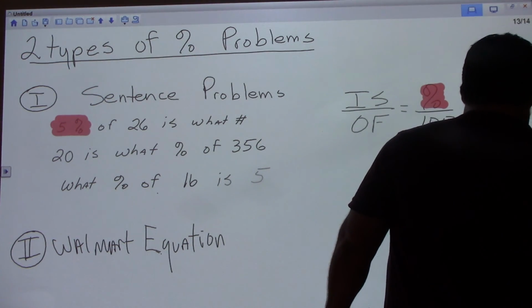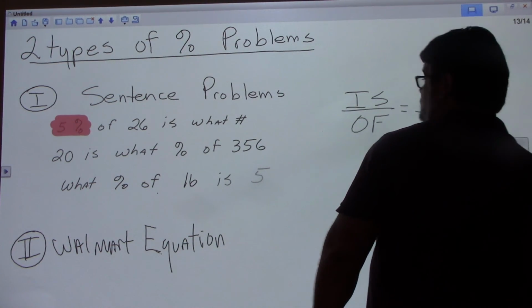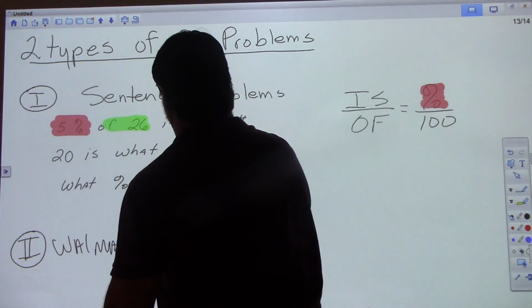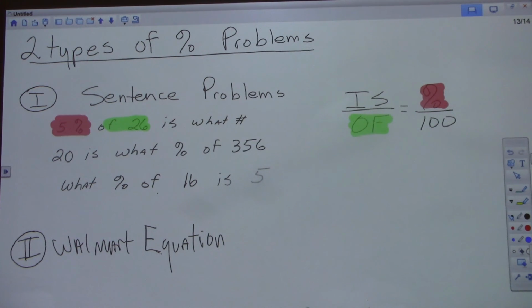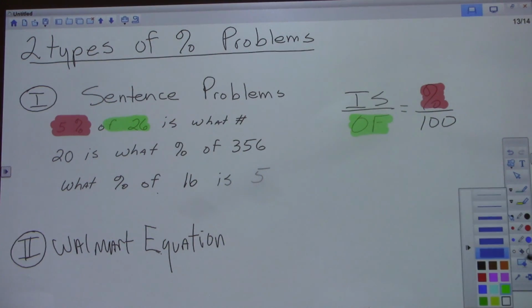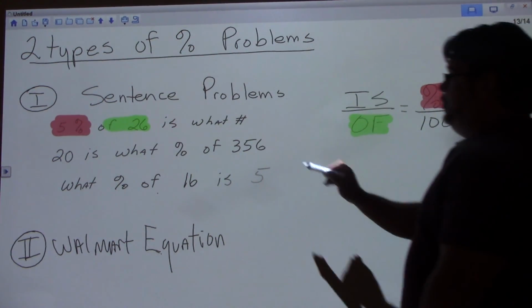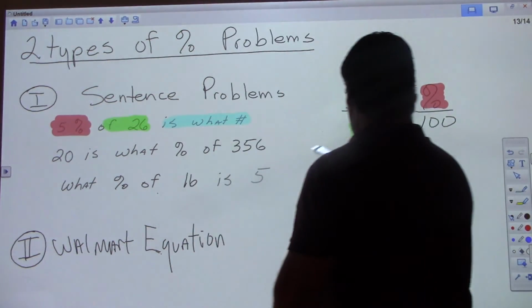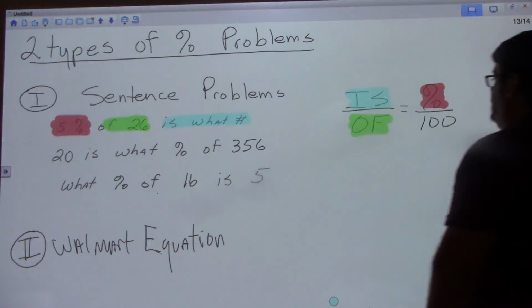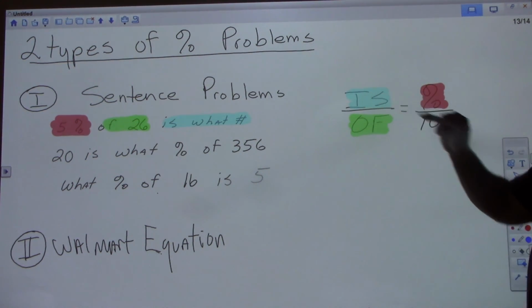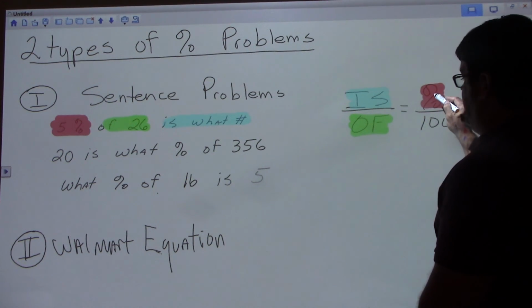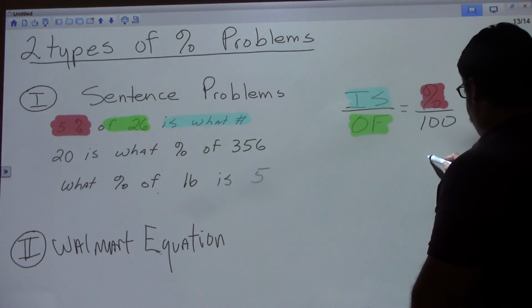And take another color. Of 26. Goes there. So what is the only thing left? Is. Is what? Is what number? X. So, let's take our handy dandy black pen and let's substitute what we got. The red is what? 5 over 100.